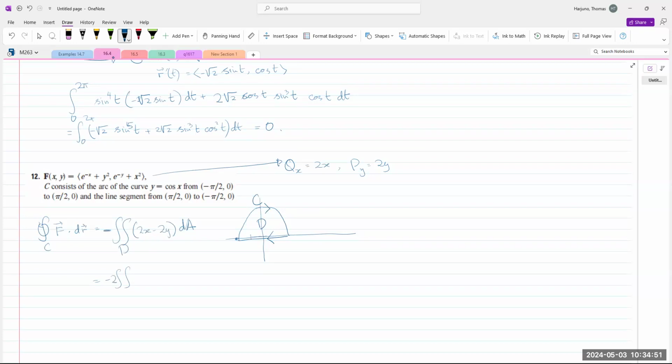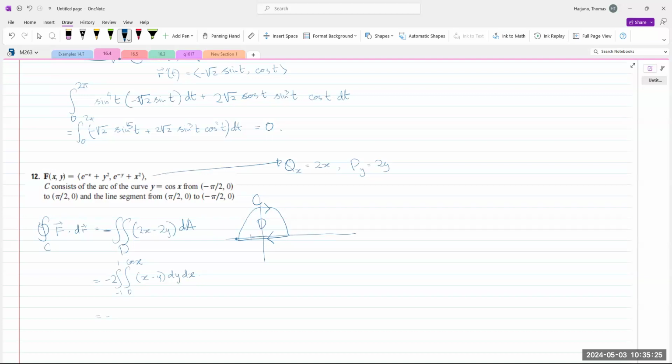Let's pull out the 2, and that's 0 to pi, and the radius will be, oh, actually no, this region here is from negative 1 to 1. I tried to polarize that, negative 1 to 1, and then 0 to cosine x of x minus y dy dx.